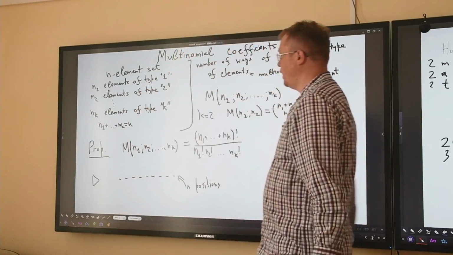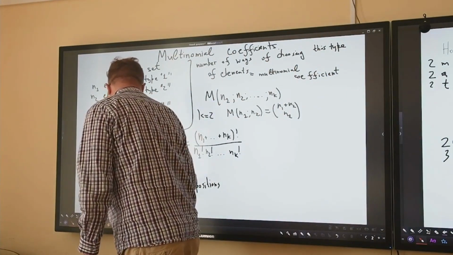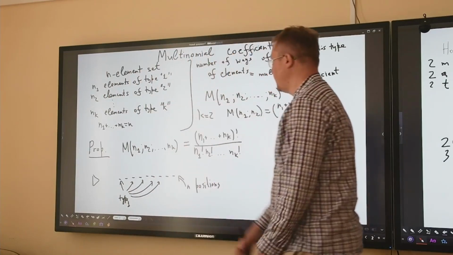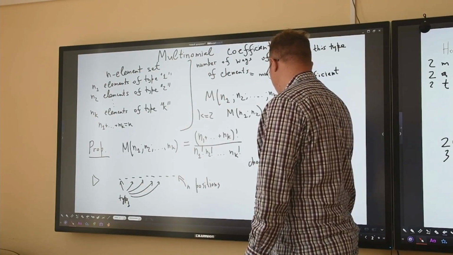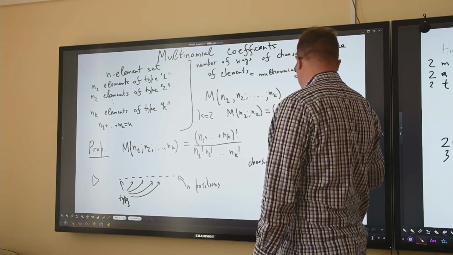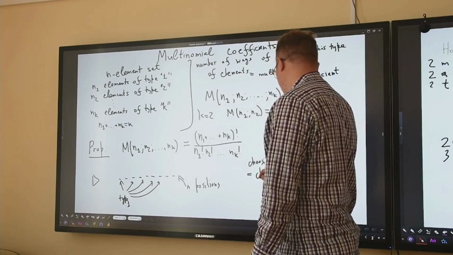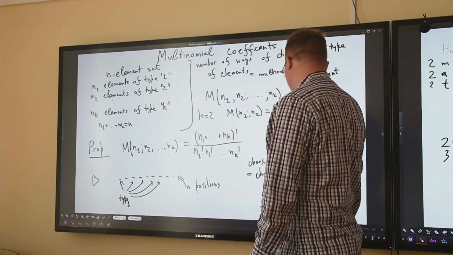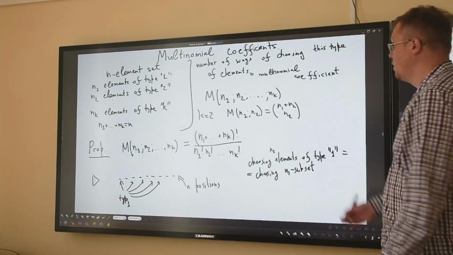Choosing n1 elements of type 1 means that I need to choose an n1-element subset from this n-element set.